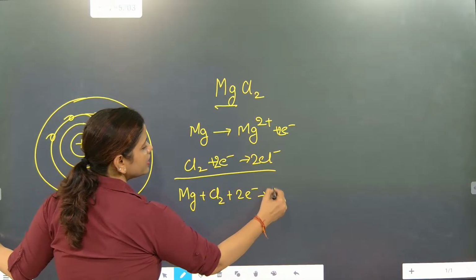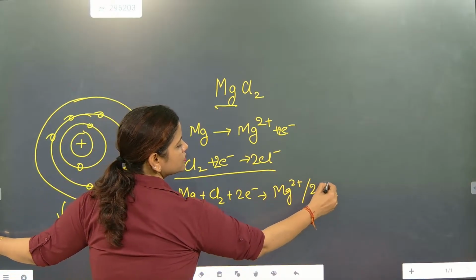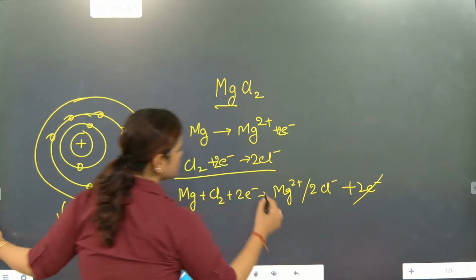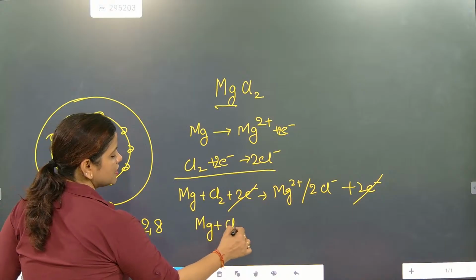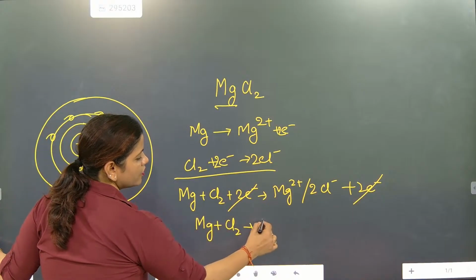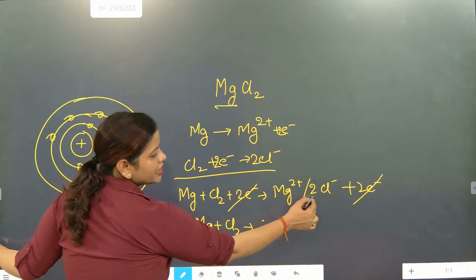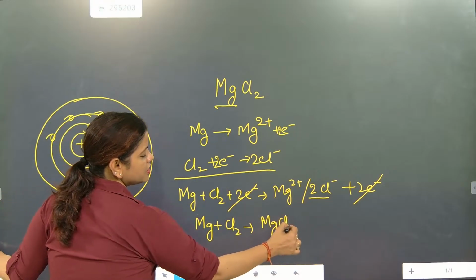Now it will become Mg2 plus and 2Cl minus plus 2 electrons. So this and this will get cancelled. What will come, beta? Mg plus Cl2 becomes MgCl2.